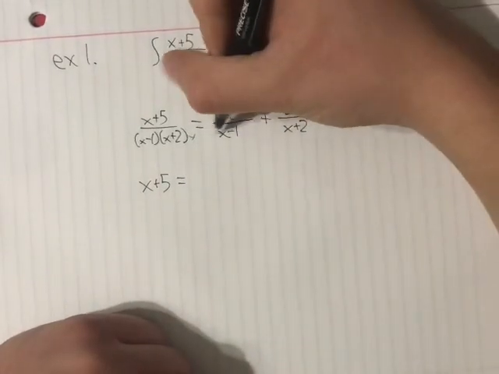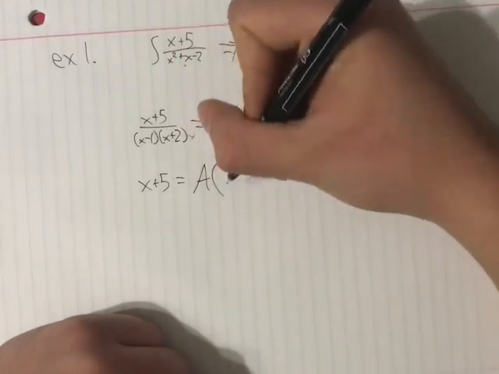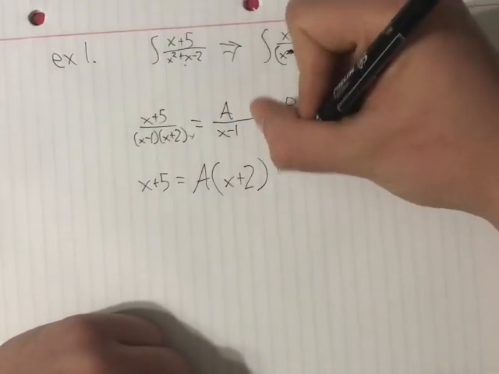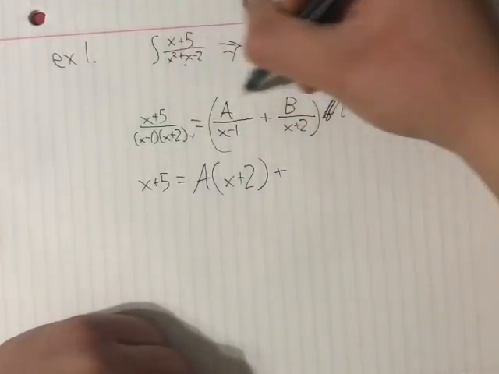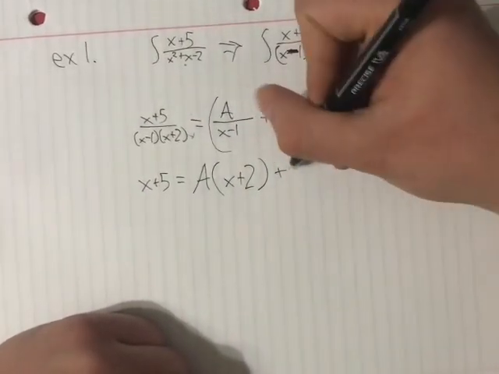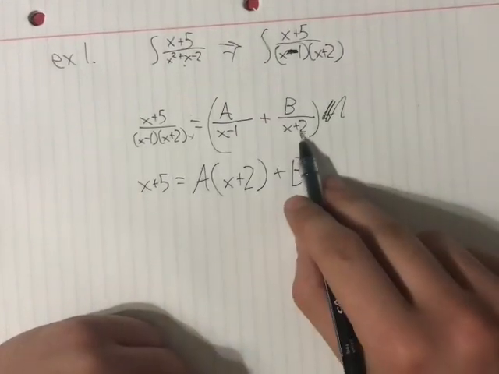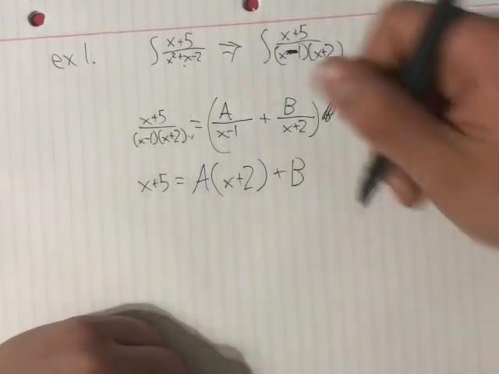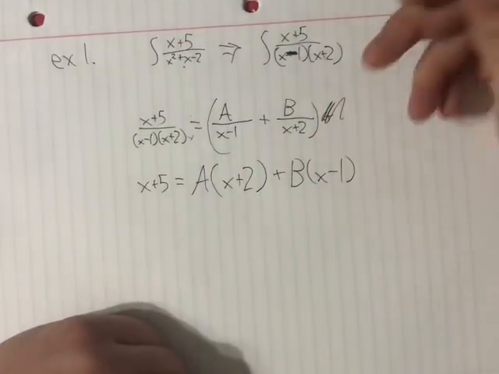Obviously, these x minus 1s are going to cancel, so what we're going to have is A times x plus 2. And then over here, because we're multiplying by this entire side, we're going to have the opposite occur, where we're going to have plus B and we're going to have x plus 2 being divided by x plus 2, so we're just going to have B times x minus 1.